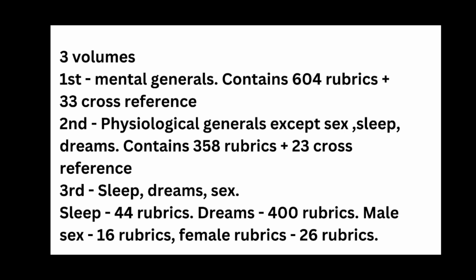It contains 358 rubrics plus 23 cross references. Third volume is limited to sleep, dreams and sex. Sleep contains 44 rubrics, dreams contain 400 rubrics, male sex contains 16 rubrics and female contains 26 rubrics.